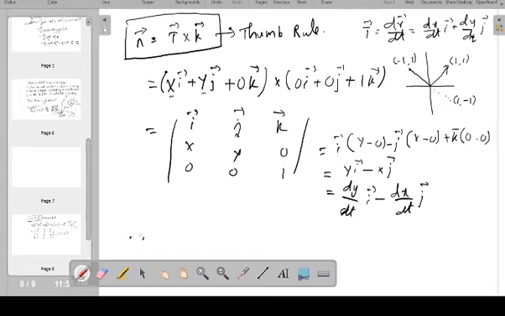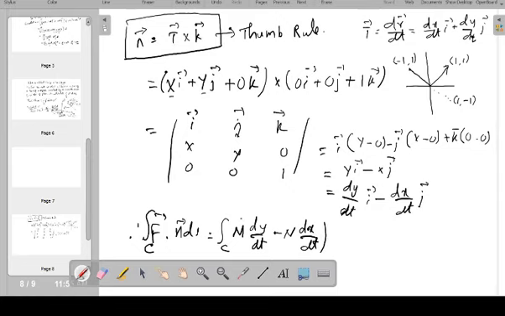Therefore F dot n ds, the integral over C of F dot n ds, is equal to the integral over C of capital M into dy by dt minus capital N into dx by dt times dt.